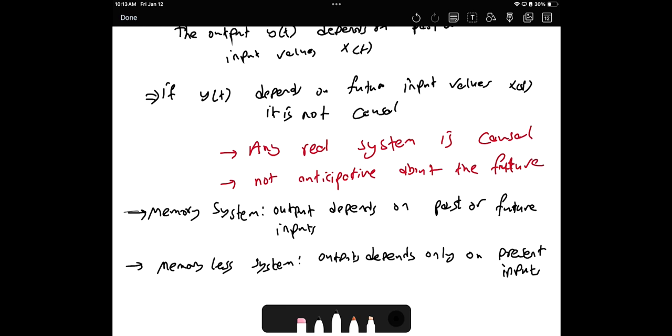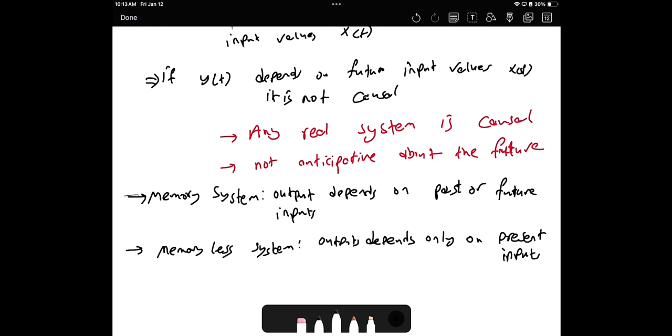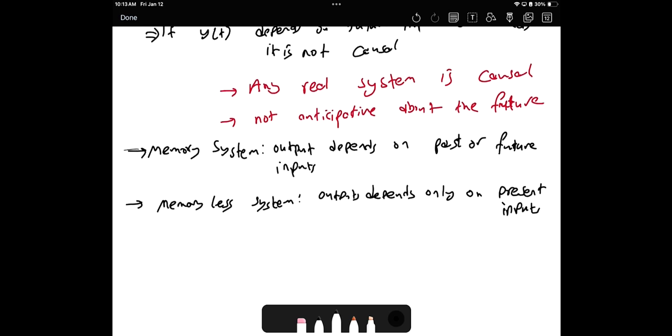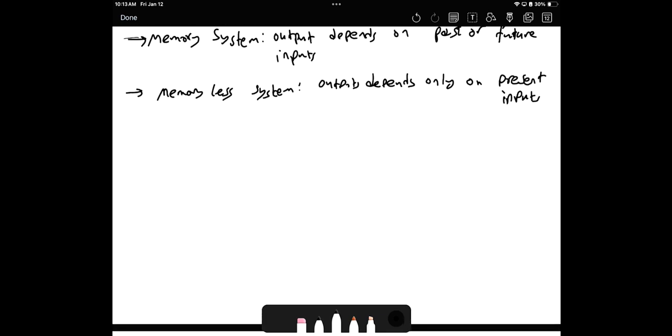Okay, so these are very basic definitions. Very clear. Now, I would like to discuss something called time variant and time invariant systems. What do I mean by each? Let me take time invariant first.